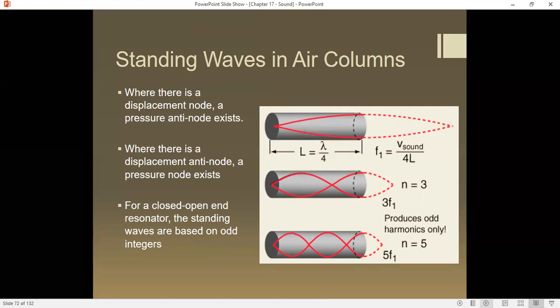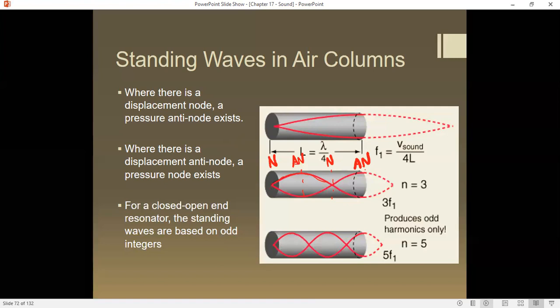To get to the next one, remember, the open end has to have an anti-node and the closed end has to have a node. So I've got to go through 1/2 an oscillation to another node, and I can't stop until I get to the anti-node at the open end. So I have anti-node, node, anti-node, node, anti-node.